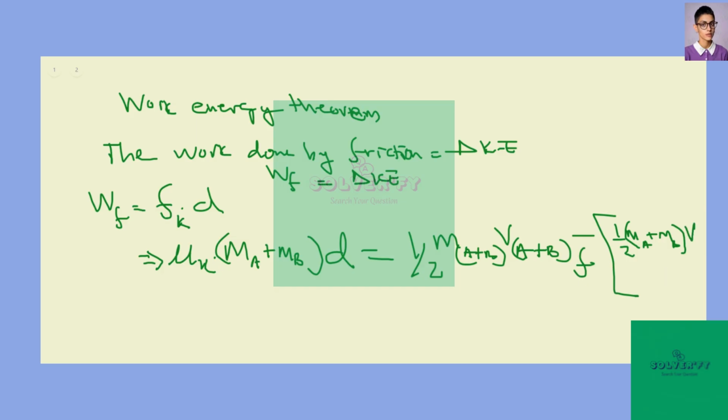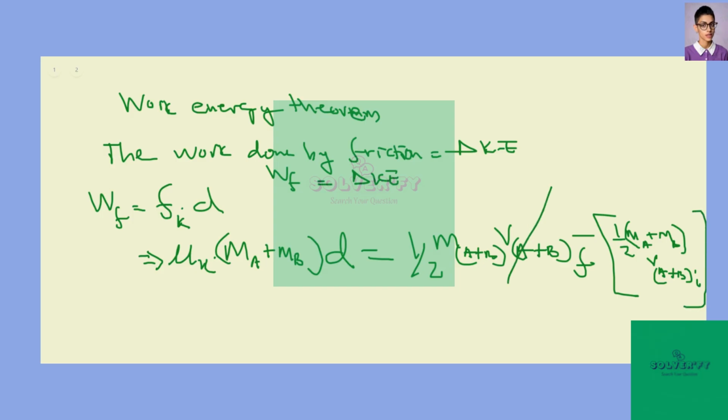So v, I need some space on this. So this is v_ab initial. Okay, so that's what we're looking for.